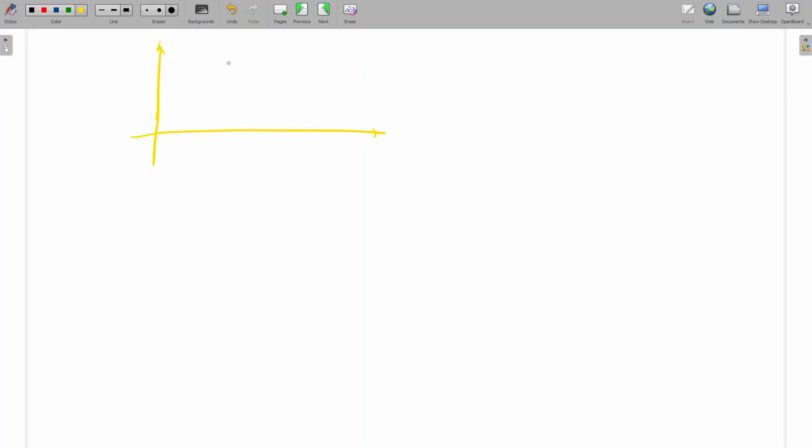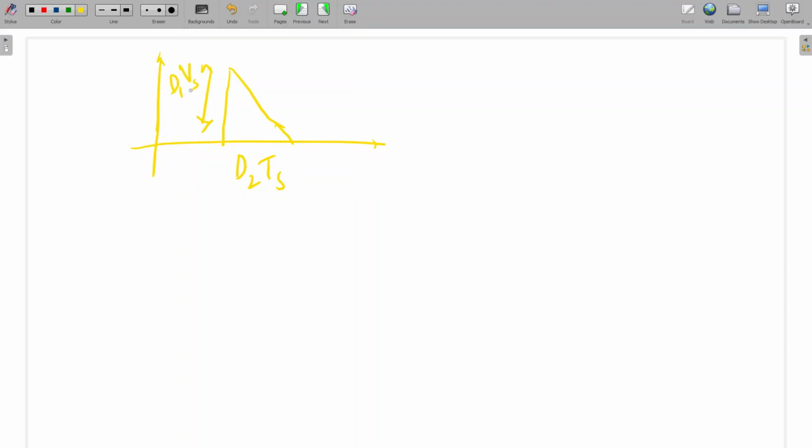Okay. Now this is D2 TS. And what is this length? D1 Vs by LF. This is like I naught. So the average of this value will be the average output current. So I average will be equal to 1 by Ts into area.